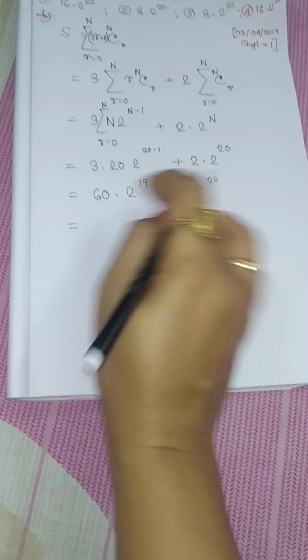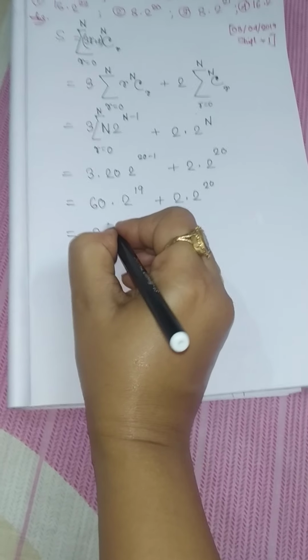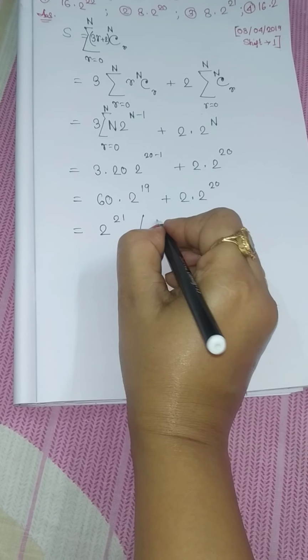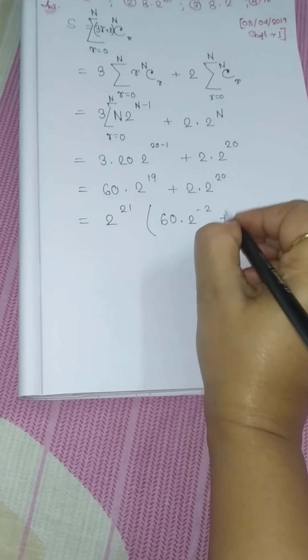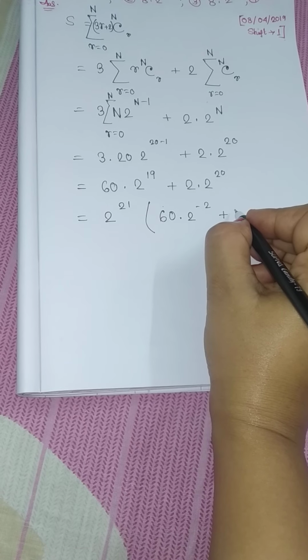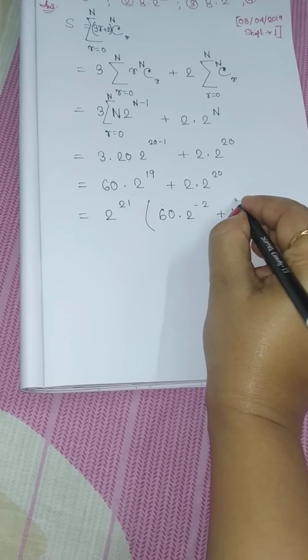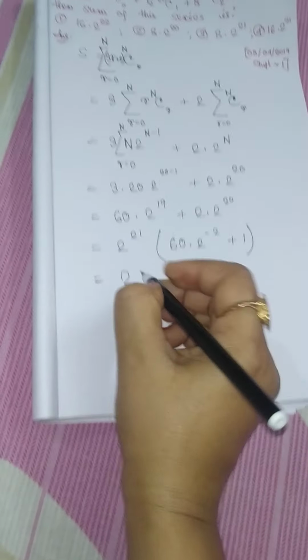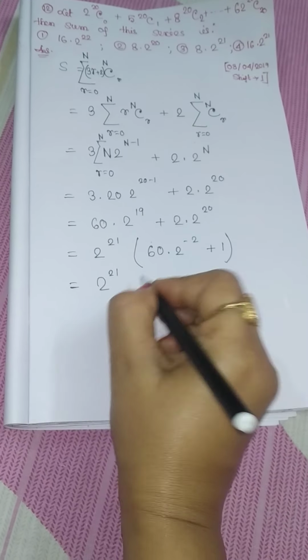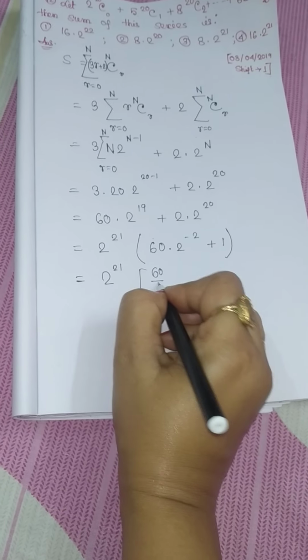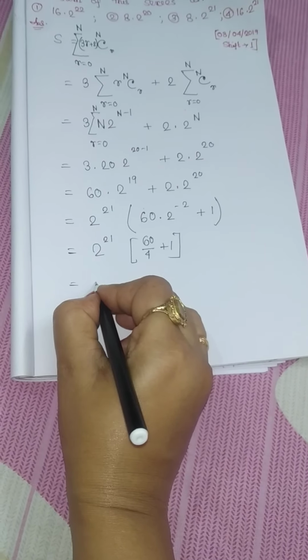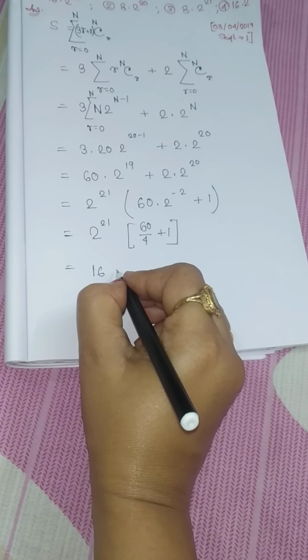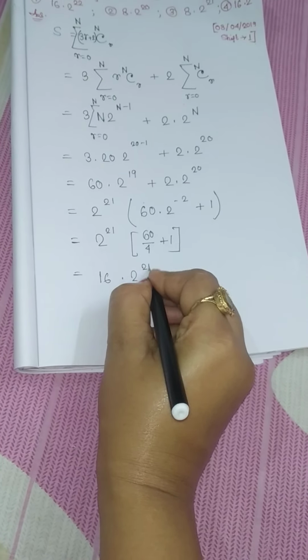Now from this, 2 to the power 21 is common, and this is 60 into 2 to the power minus 2, plus this one is 2 to the power 21, this one is 1. So this becomes 2 to the power 21 times 60 divided by 4 plus 1, and it is 15 plus 1, 16 into 2 to the power 21.